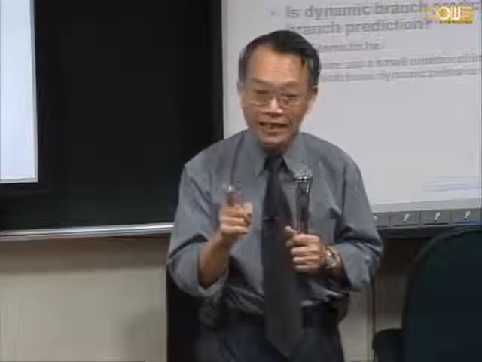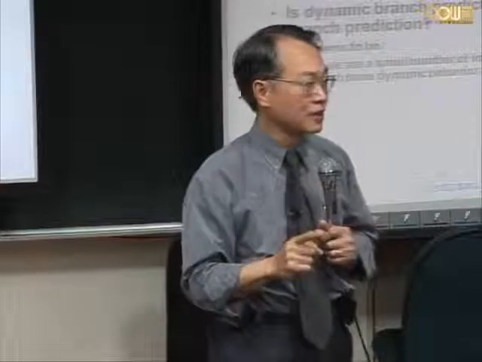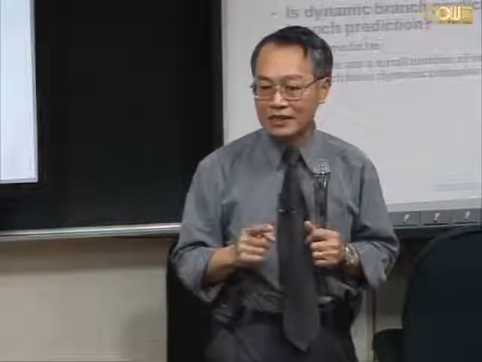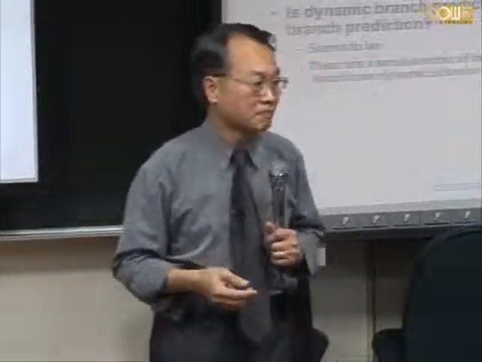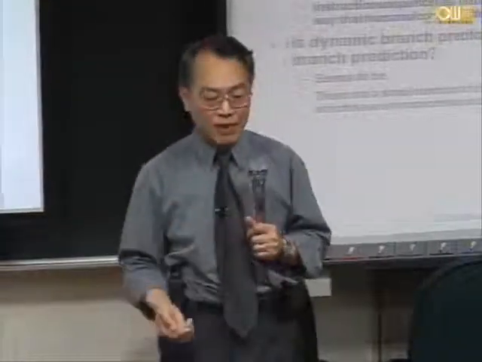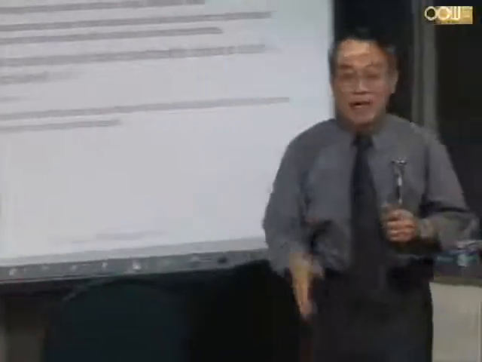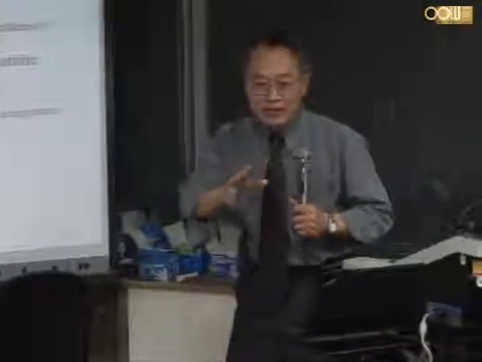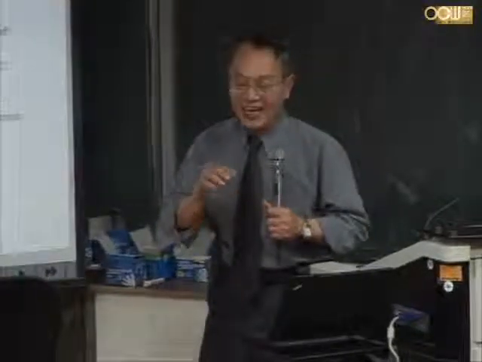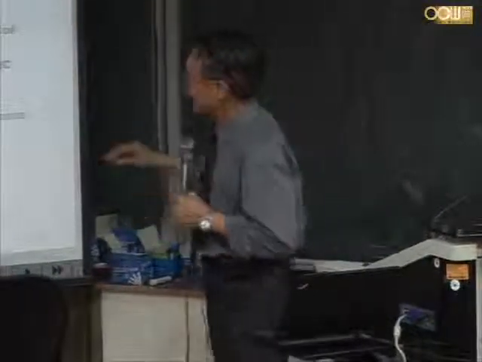See that? For some add instructions, value prediction is very simple. But if x comes from memory, and y also comes from memory, then maybe there's no way. Maybe. I didn't say always there's no way.